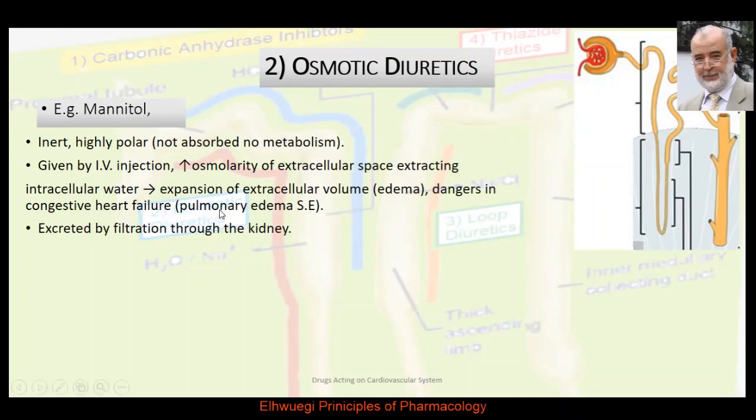This is dangerous. They are excreted by glomerular filtration. They are not absorbed or reabsorbed. So once they are given intravenously very fast, they will be filtered through the glomerular filtration process.